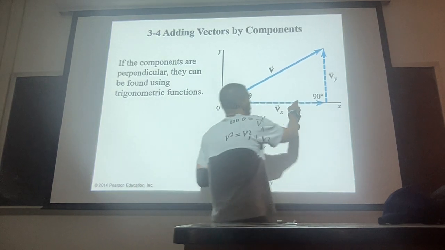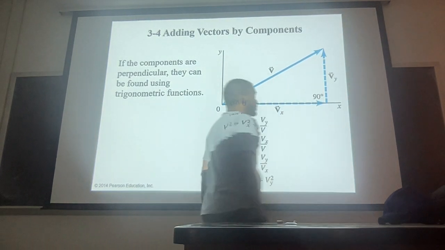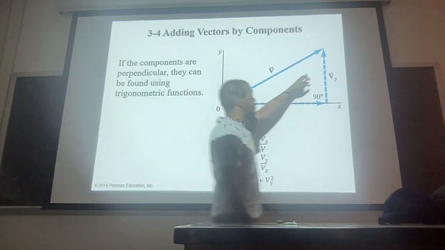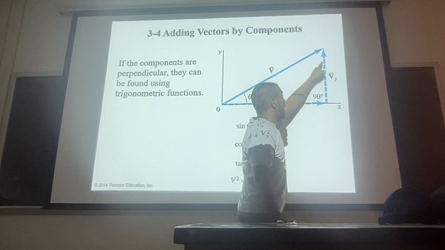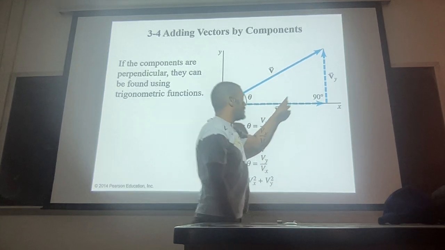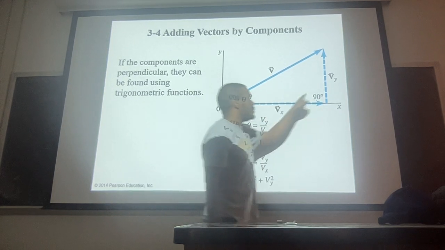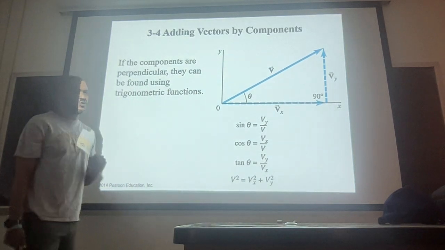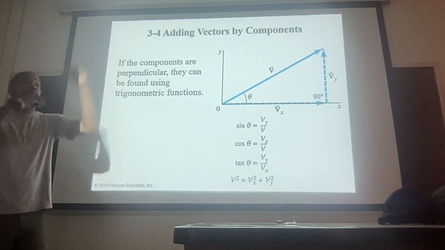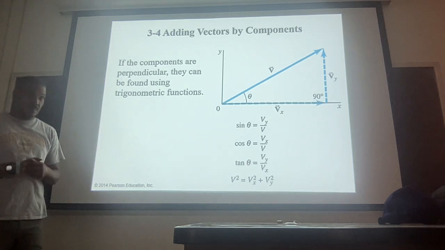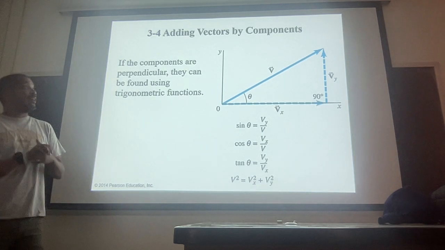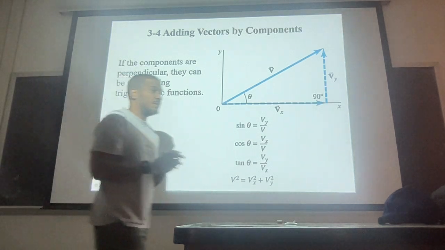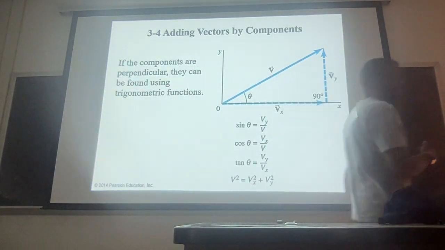So if we were talking about this angle right here, then the opposite side would be here, and this would be the adjacent side. So don't try to commit that to memory. Commit opposite and adjacent to memory. Don't say, well, Vy is always sine. A lot of people do that. No, it is not.